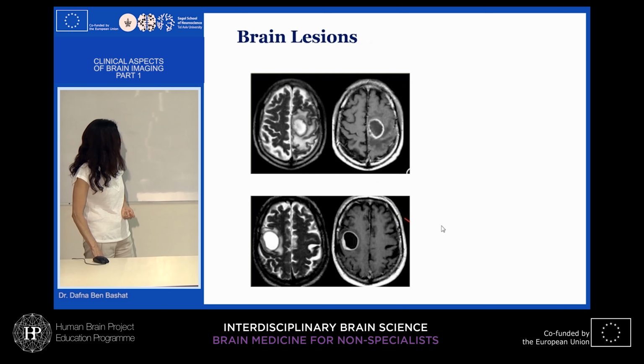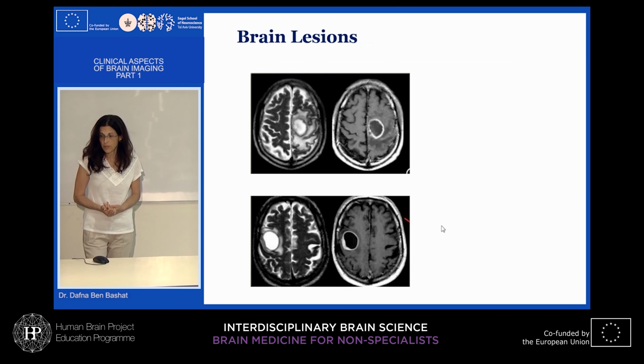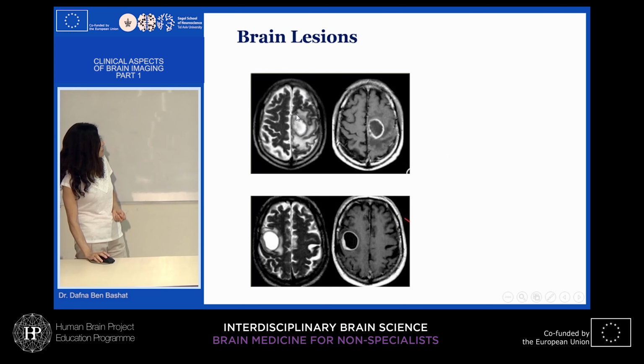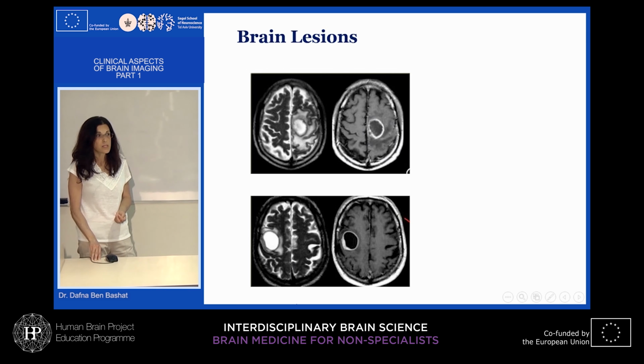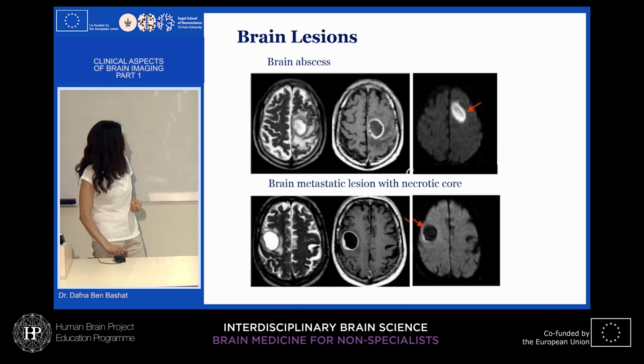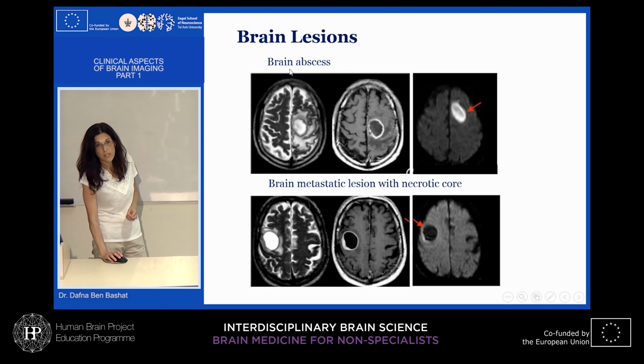Okay, so this was really the first application and the first use of diffusion that really demonstrated the huge potential of these methods. But there are other examples, and here you can see 2 examples of brain lesions, T2 and after gadolinium, and basically they look the same, right? We don't know which is which or what lesion, but when we look at the diffusion, we see that this lesion is hyperintense, meaning it's restricted, and this is just an abscess.